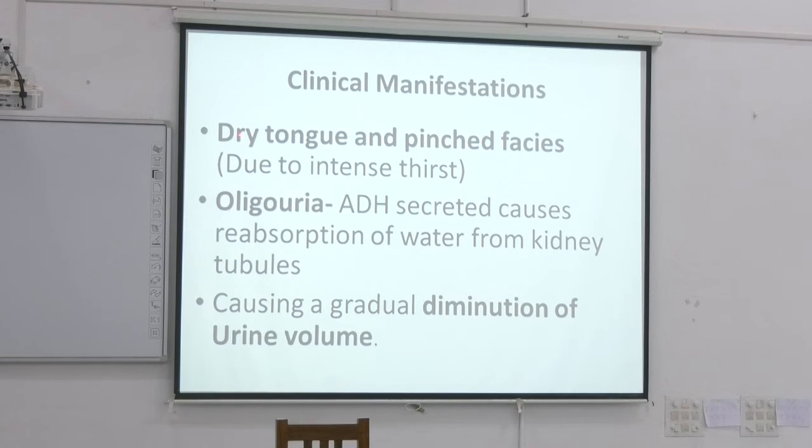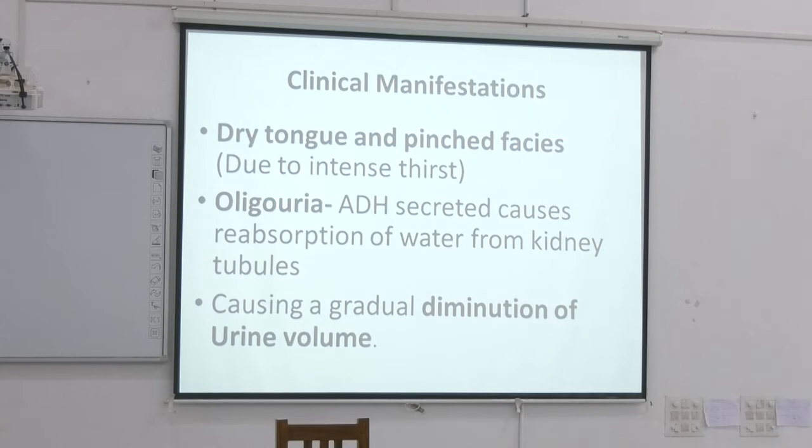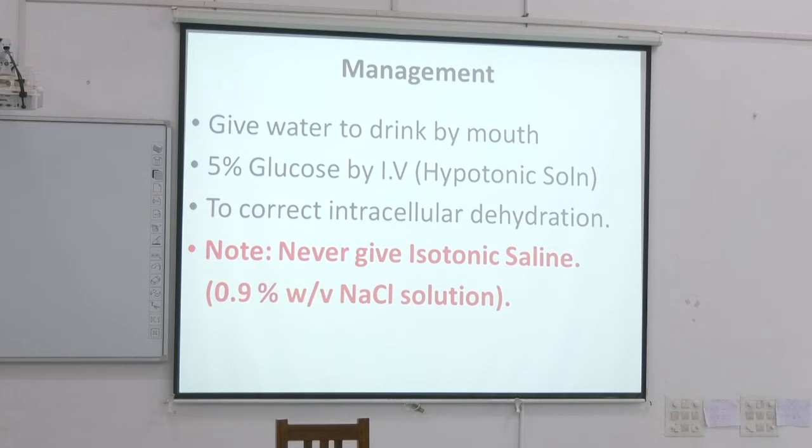Now the clinical manifestations: dry tongue and pasty feces. You have to write down all these clinical symptoms. Due to intense thirst, there is oliguria, a gradual diminution of urine volume. How do we manage this? Take water by mouth, or provide IV fluid to correct the dehydration.